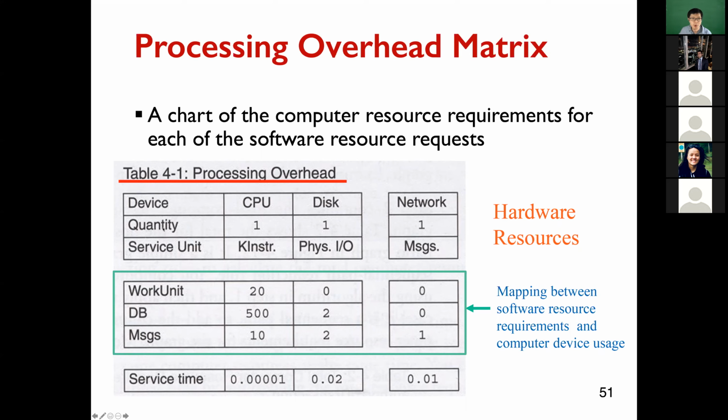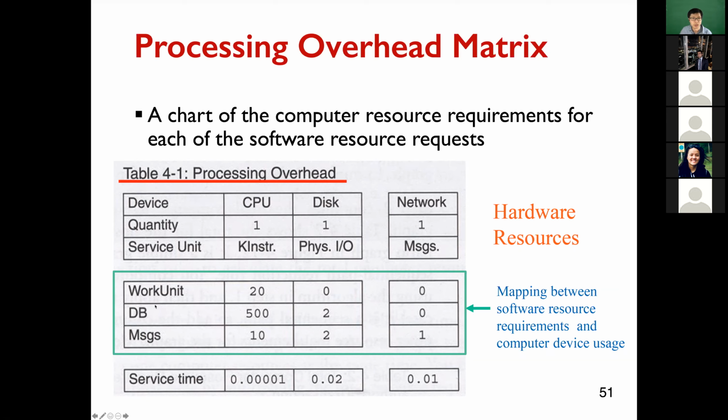What are the quantities? We have one of each. And what are the service units? For the CPU, the service unit is thousands of instructions. For disk, it is the number of physical IOs. For network, it is the number of messages. Then we map the software resource units to the hardware devices.